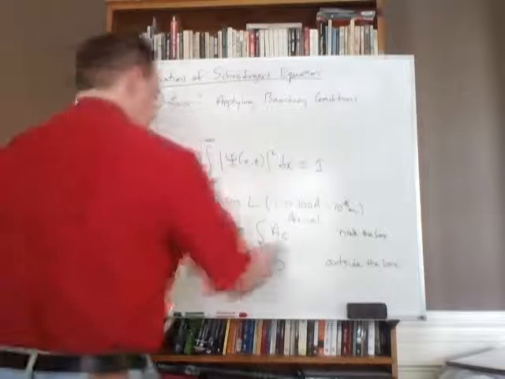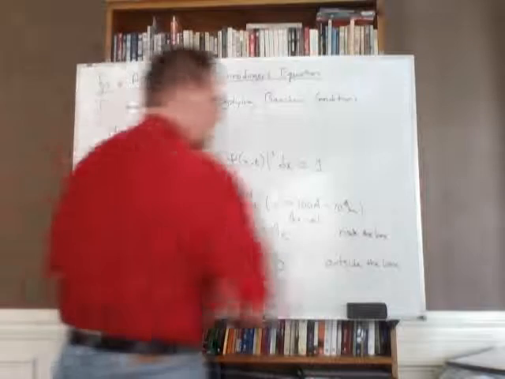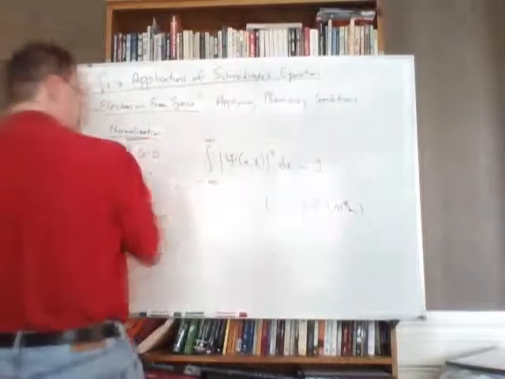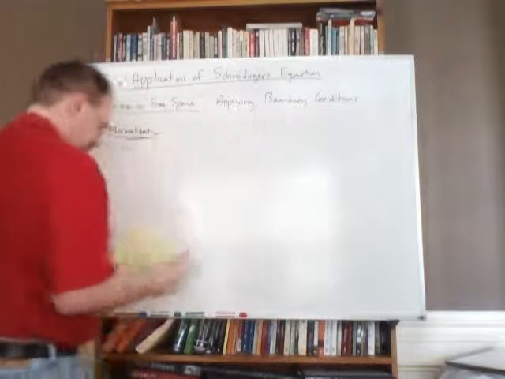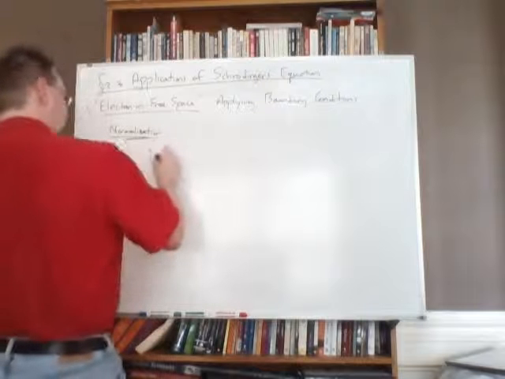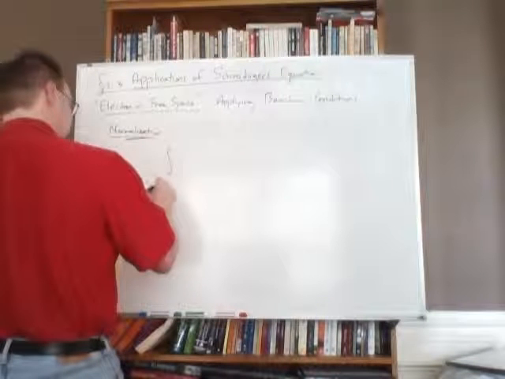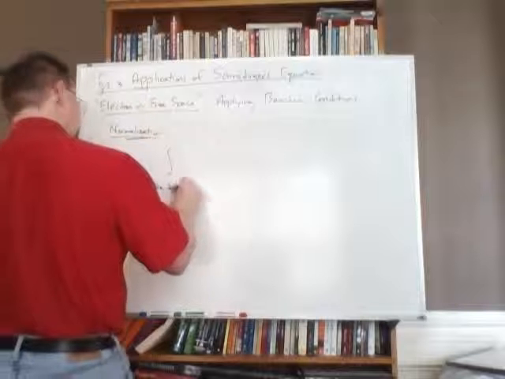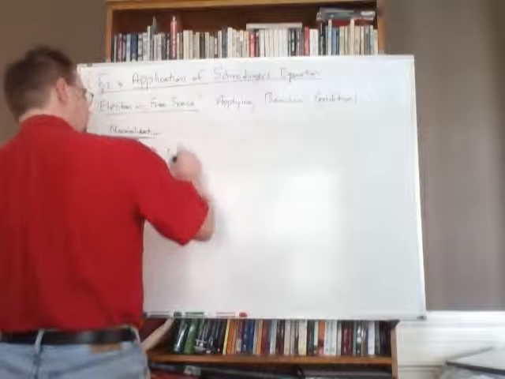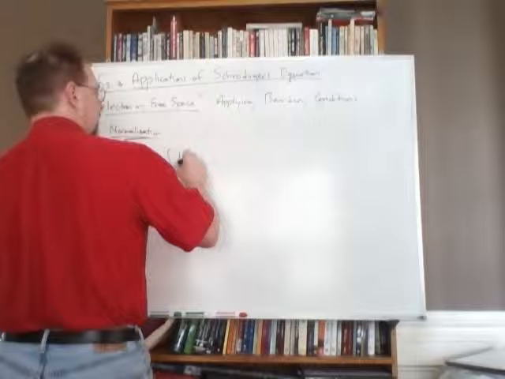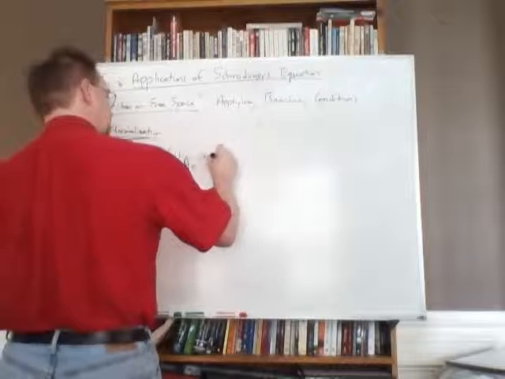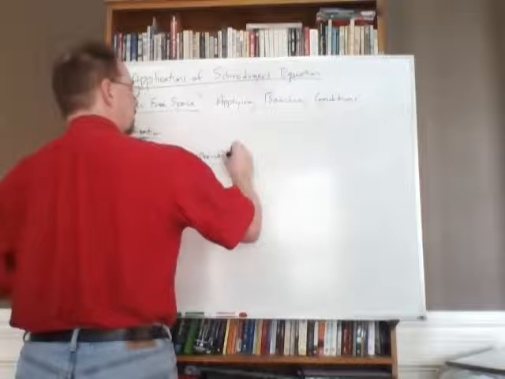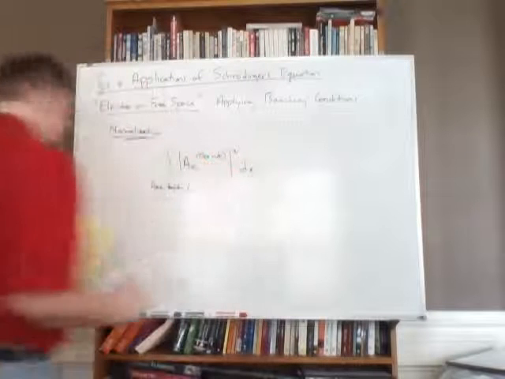All right. So now we can apply our normalization, and we're going to integrate over the size of the box, because outside the box our wave function actually is 0. So now we have the integral over the box of length L of the magnitude squared of A e to the i(kx minus omega t) dx.